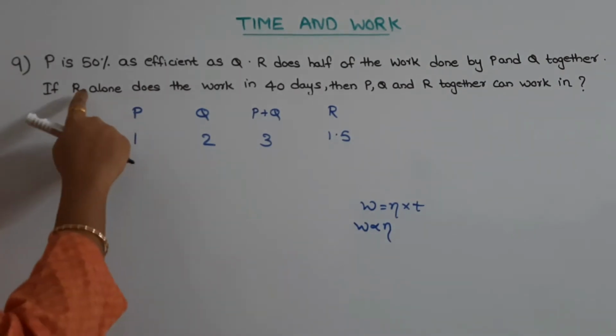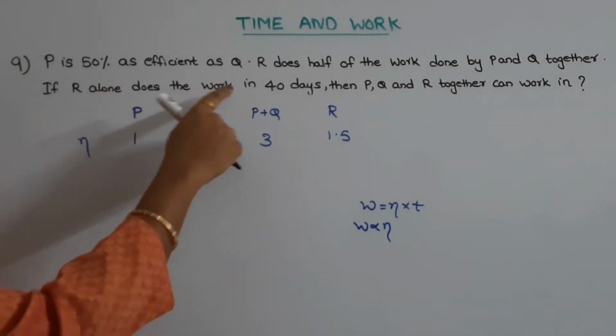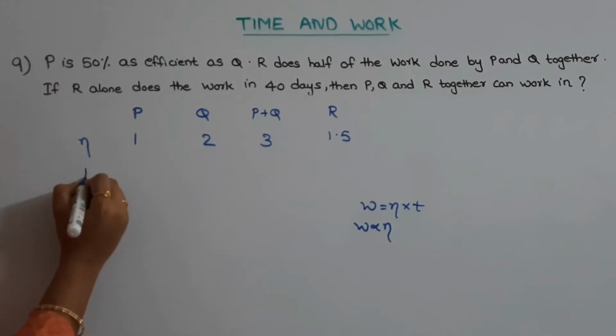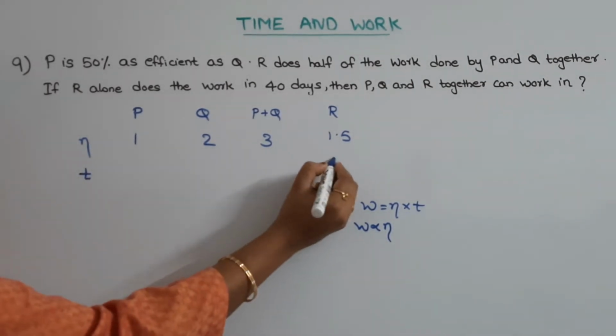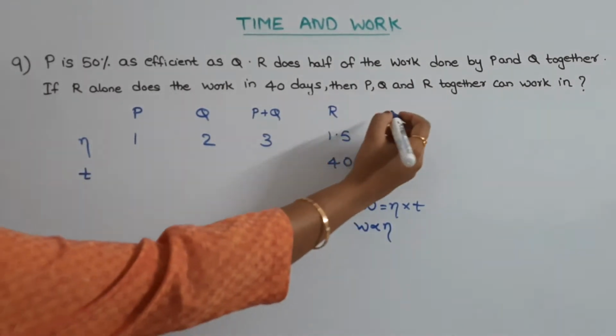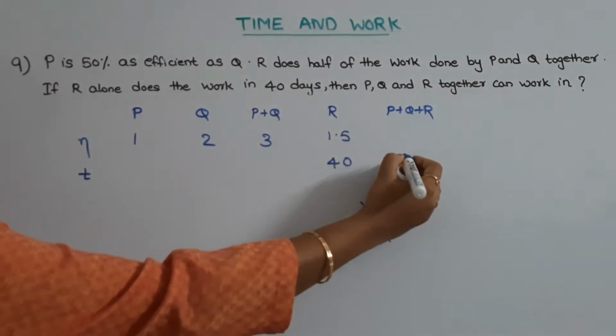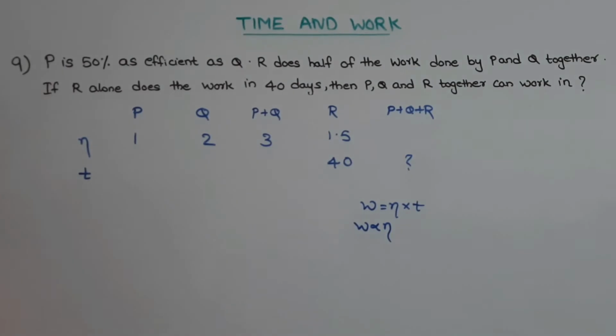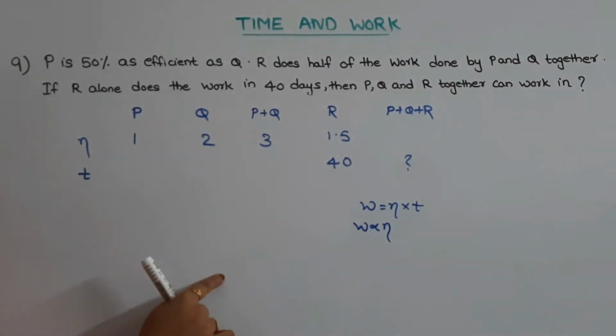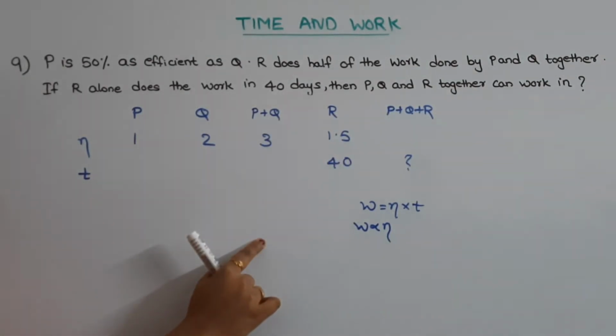In the question it is given that R does the work in 40 days. So the time taken by R is given as 40 days. We need to find out the time taken by P, Q and R together to do the work. So for that we need the total efficiency.